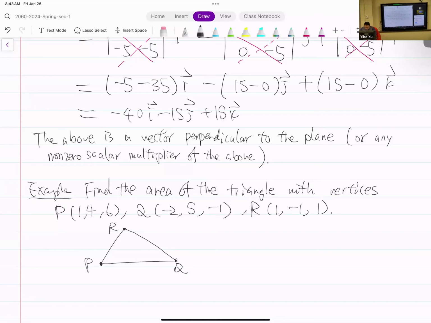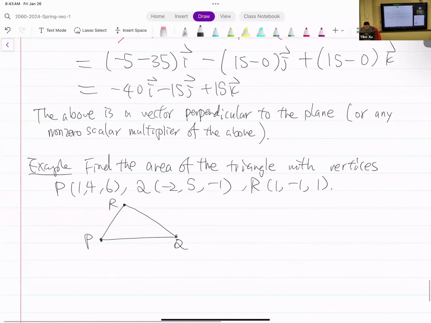So if we want to calculate the area of the triangle, we always just calculate the area of the parallelogram formed by 2 edges, and then we just divide by 2. That will give us the area of the triangle. So I can say the area of PQR, that's a triangle, is 1/2 of the parallelogram.